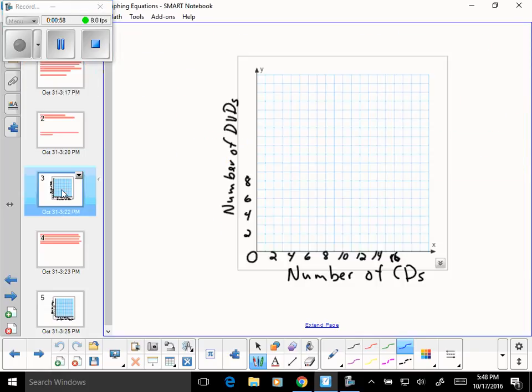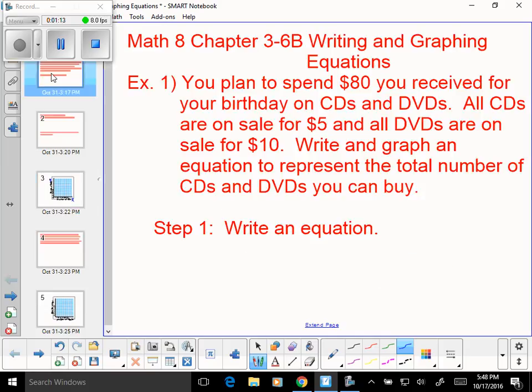Now, if you'll notice the graph, I put your CDs along the x-axis, and the number of DVDs went on your y-axis. So if you go back to the problem, what might help you is to say, okay, the CDs are x, those are $5, the DVDs are $10, and those are y.